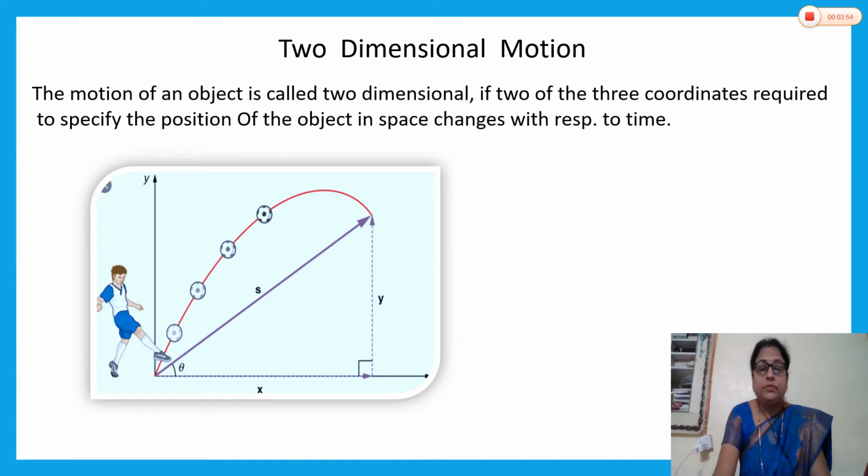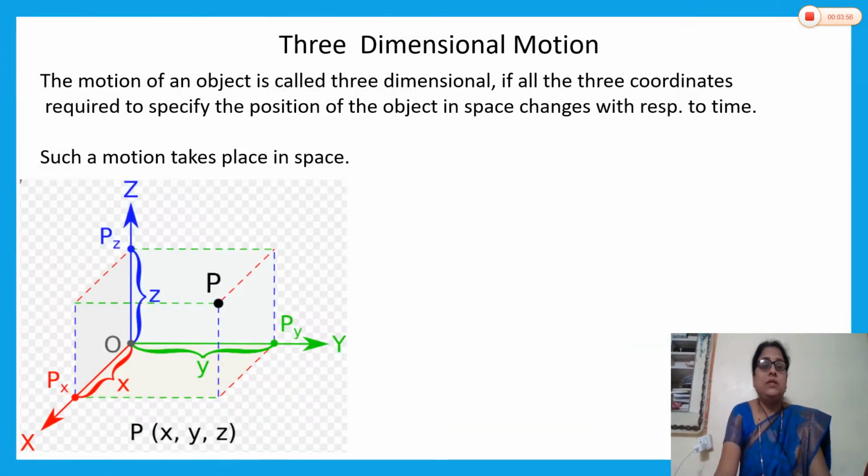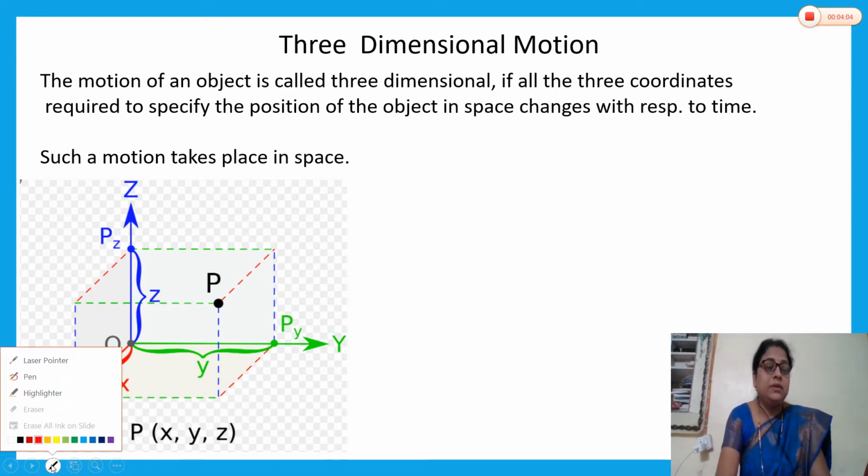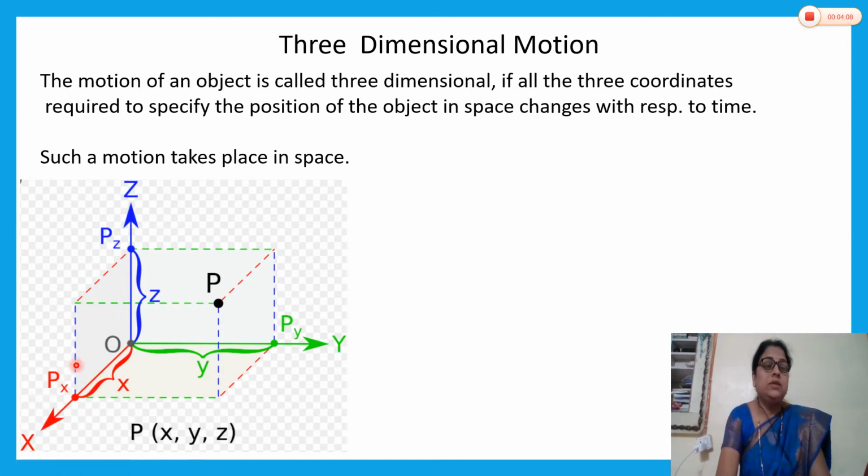Then three-dimensional motion. Here we require the three axes x, y and z. See here, this is the x-axis, y-axis and z-axis, all mutually perpendicular to each other.